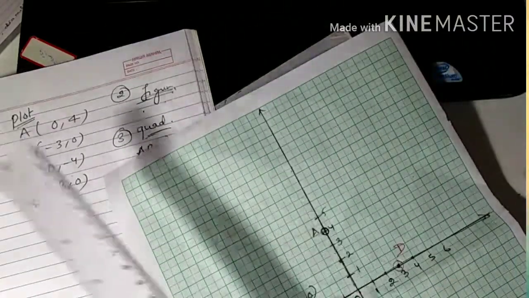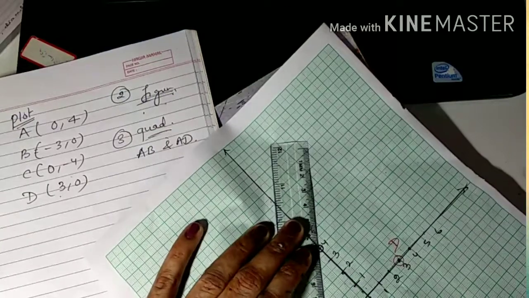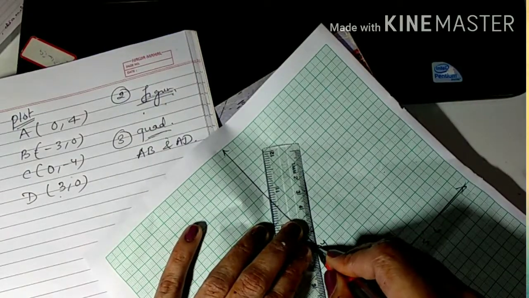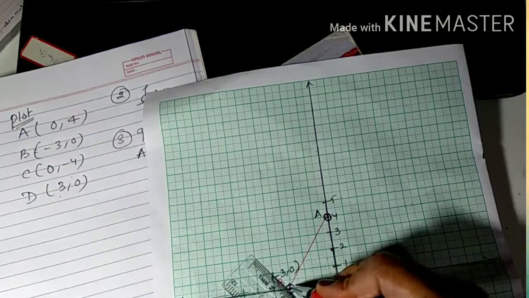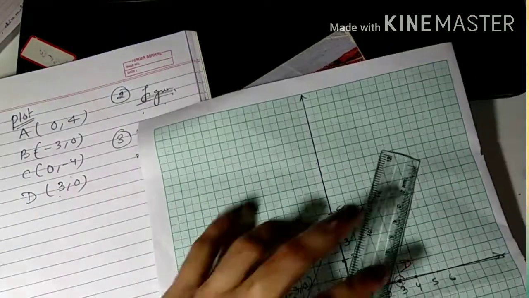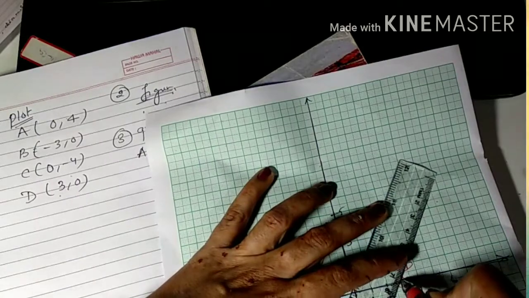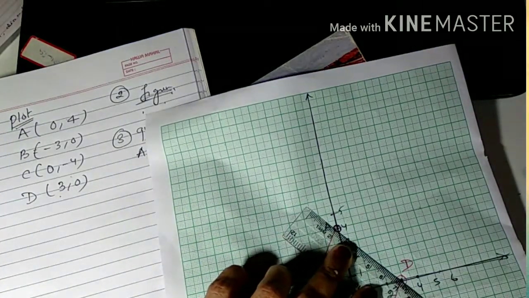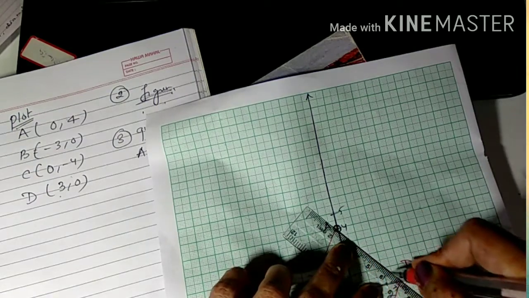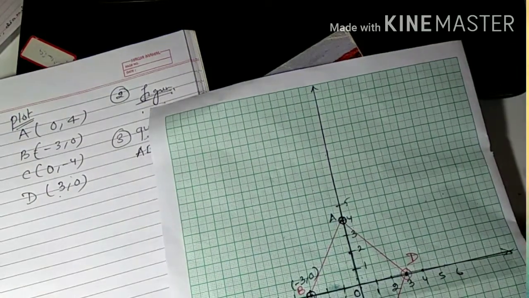अब प्लॉट करने के बाद हमको फिगर बताना है. तो फिगर बताने के लिए first we have to join. What we have to join? AB, BC, CD and DA. ठीक है.